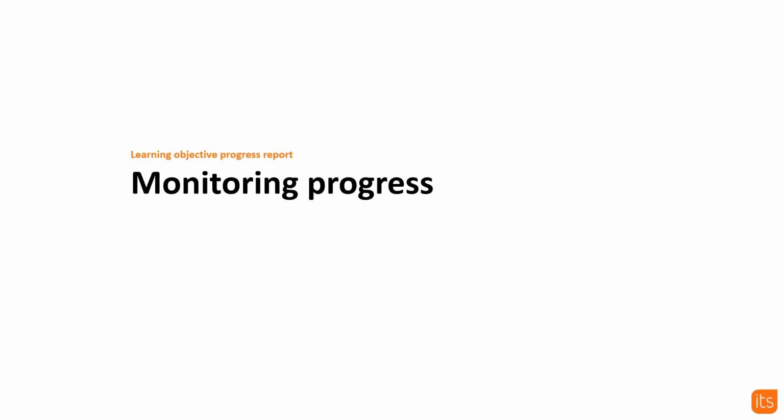So we've seen in an earlier report how we can monitor curriculum coverage, which learning objectives I have connected to content already, and which I haven't. But now I want to show you how you can measure how well your students are doing on these learning objectives. And for that, we're using the Learning Objective Progress Report.